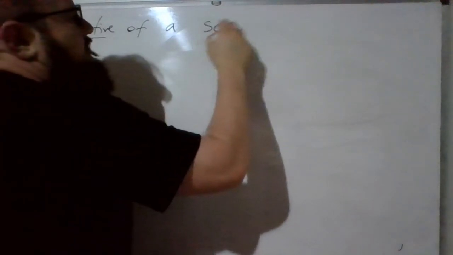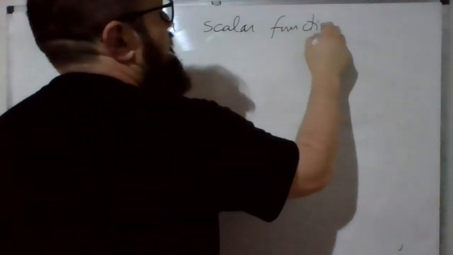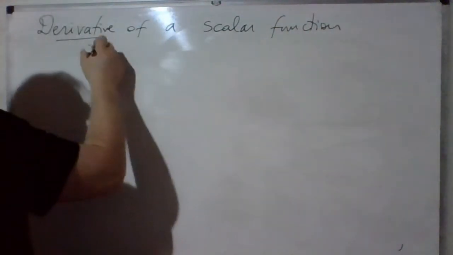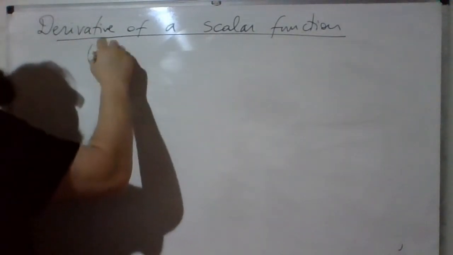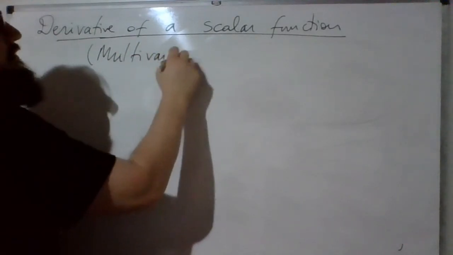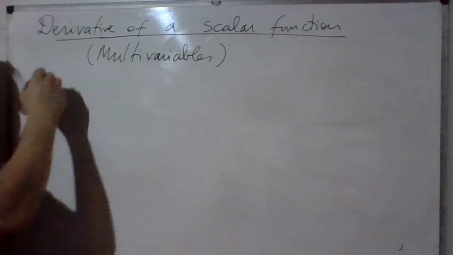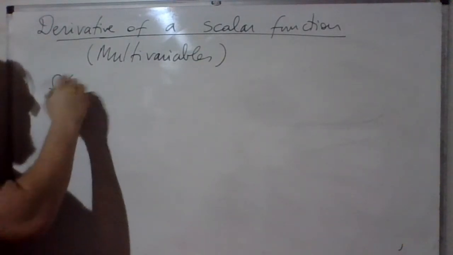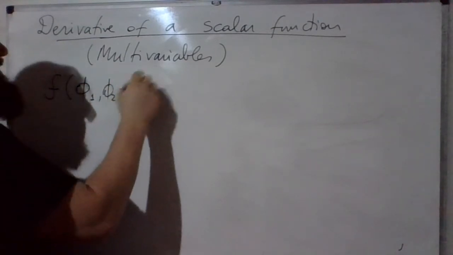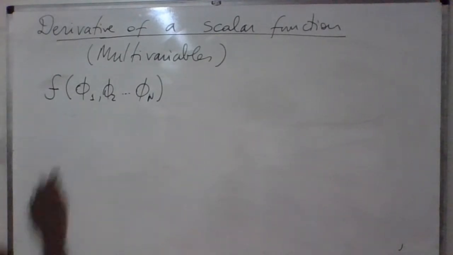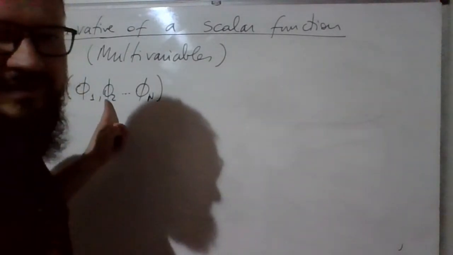Now, if you want to calculate a derivative of a scalar function in the context of multivariables, I have a function f of phi 1, phi 2, to phi n, and I want to calculate the derivative with respect, for instance, to phi 2.